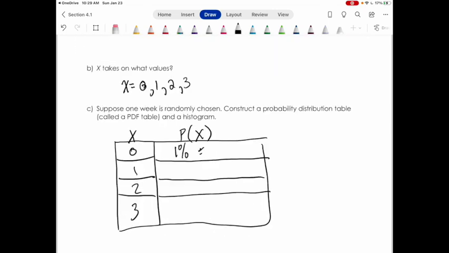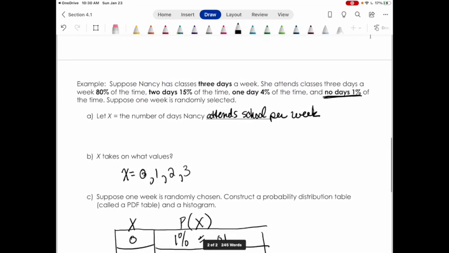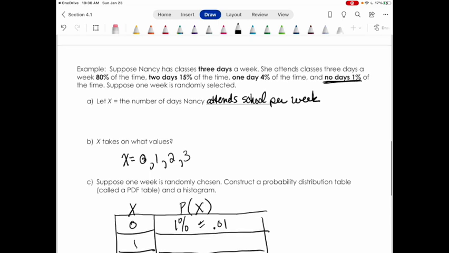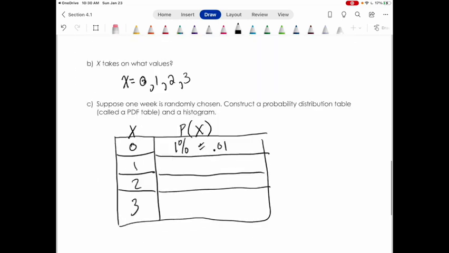1% of the time, she attends no days for that week. So if we write 1% as a decimal, we would write it as 0.01. If we go back up and look, it says for 1 day, she attends 4% of the time. That would be 0.04.